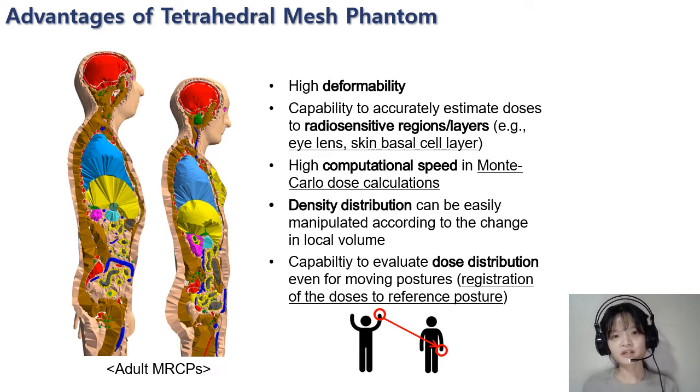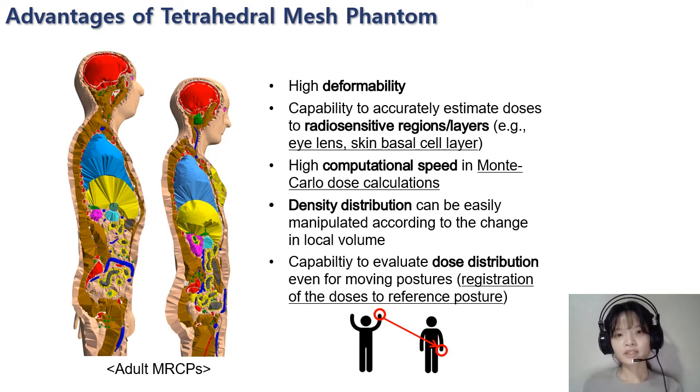This is very advantageous in phantom animation because as the phantom changes its posture, local volumes can vary. Some of them can be extended and some of them can be compressed. And this issue can be compensated if the local densities can be accordingly adjusted.